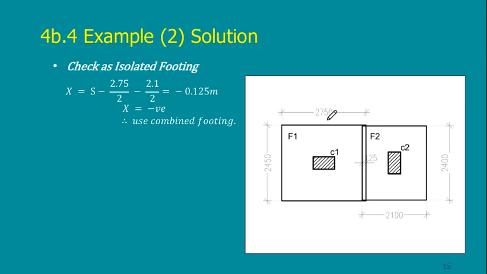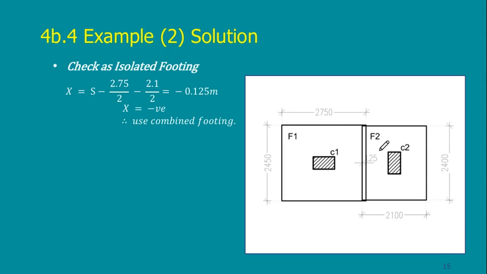I will still get the same area, but there will be no overlap between both footings. It is possible, but for the example, I am going to design this as a combined footing.